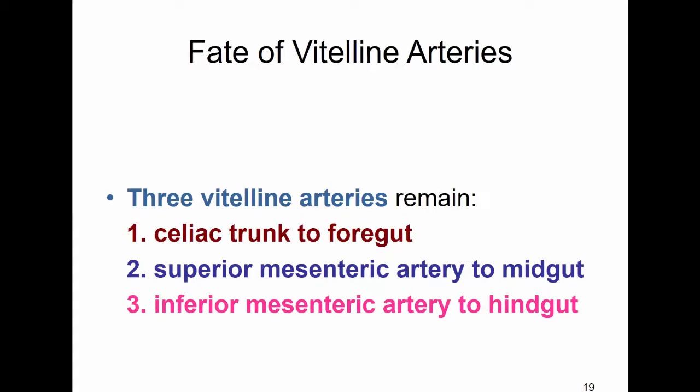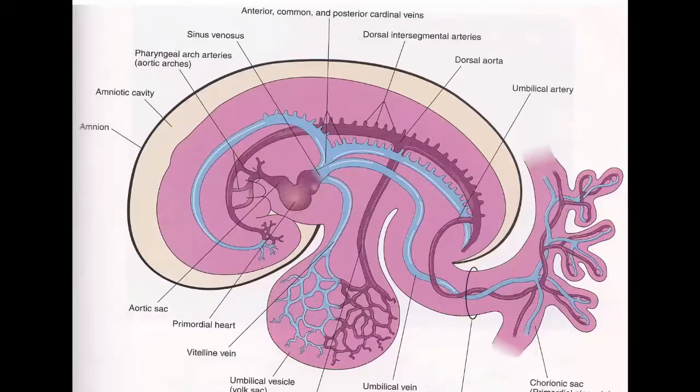Now, there are so many vitelline arteries, so many ventral branches, in the figure. I couldn't show you, I didn't get that kind of figure. There are so many vitelline arteries, but only three will remain. I have shown here one.